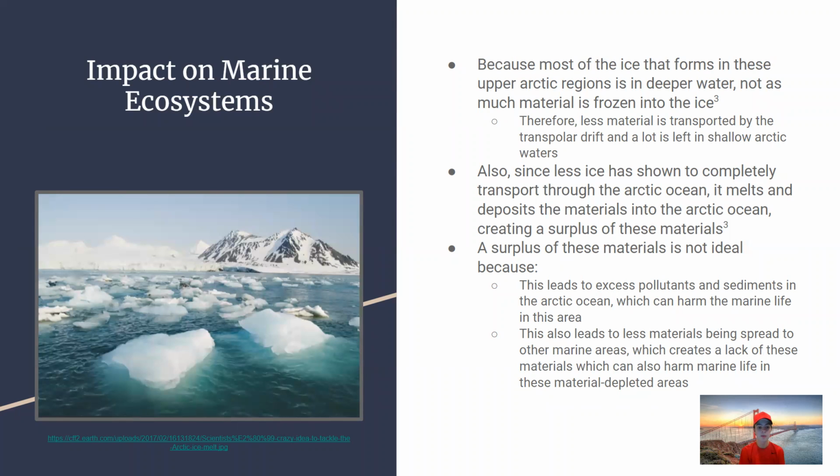However, at the same time, it's not only good things that an ecosystem needs. It's things like pollutants and microplastics and things of that nature that also can't build up in the Arctic Ocean because that will destroy the Arctic Ocean environments for marine life. These things need to be evenly dispersed, or else one area is going to be completely destroyed.